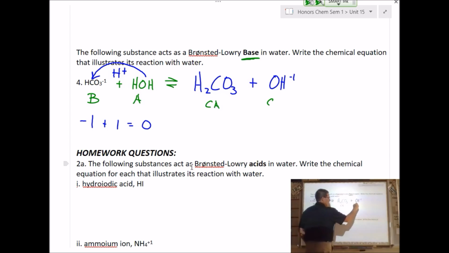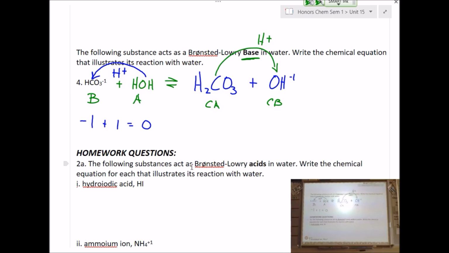Conjugate acid, conjugate base, because it would give away a hydrogen ion. The only thing that was asked is for you to write the equation. Everything that's right here is what I'm looking for. Everything else is to help you get where you need to go.